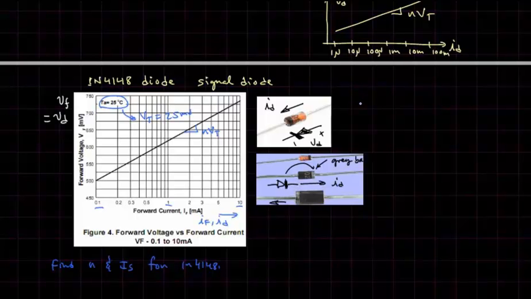We're going to have a rise. We'll say that NVT is going to be equal to delta, a change in voltage of, let's see, from 500 up to about 735 or so. So delta voltage equal to 735 millivolts minus 500 millivolts, divided by a change in log current.